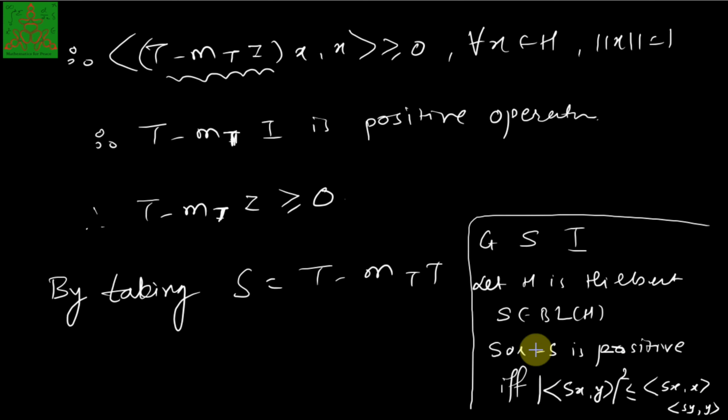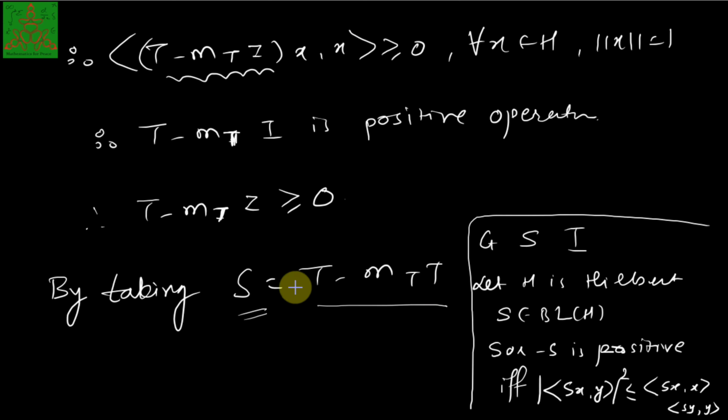This is the theorem known as the generalized Schwarz inequality, and I want to apply it for this S, and we have already proved that this is a positive operator. So T − λI is a positive operator.